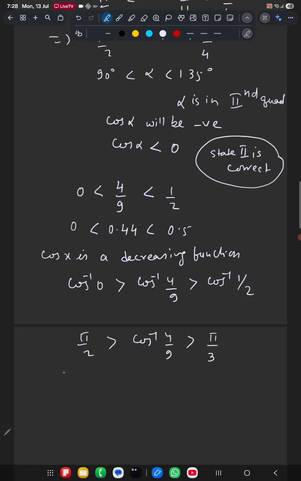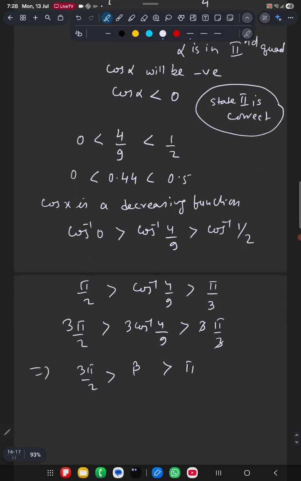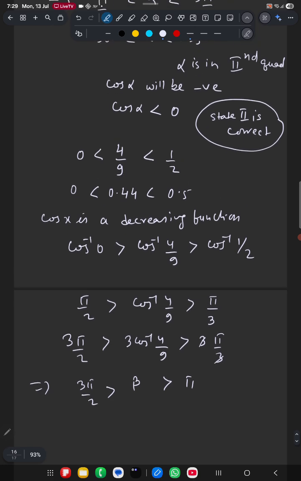Now we will multiply by 3 because we need 3 cos inverse 4 upon 9. So 3 cos inverse 4 upon 9, and 3 into pi by 3 gives cancellation. So you get 3 pi by 2 greater than beta, which is greater than pi.